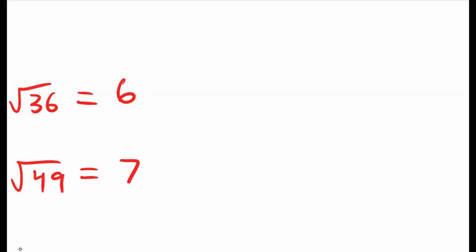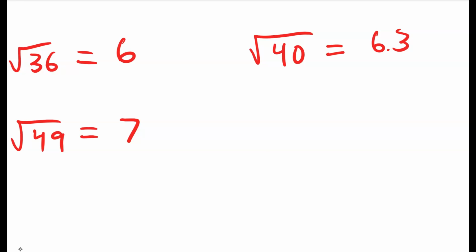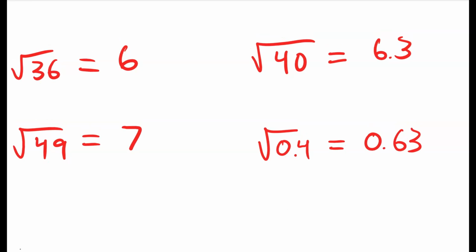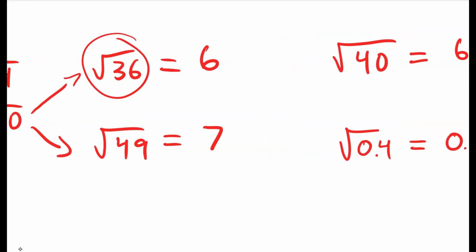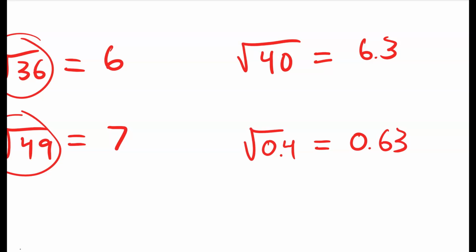If we were to do this on the calculator, we'd have root 40 equals 6.3, and root 0.4 equals 0.63. If we notice, our answers for root 36 and root 49 gave us whole numbers, not decimals.